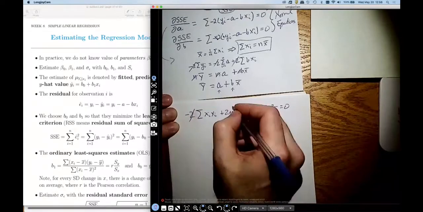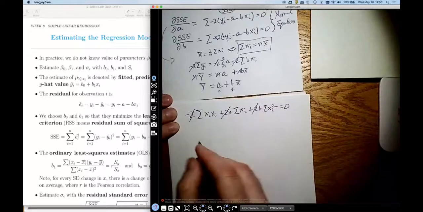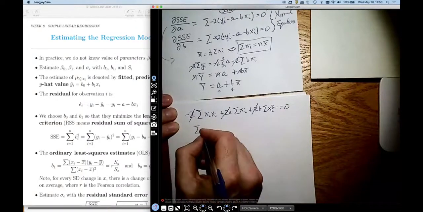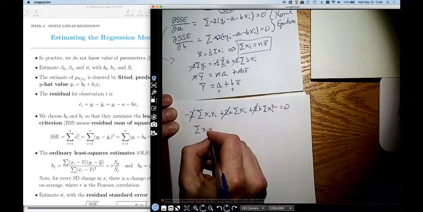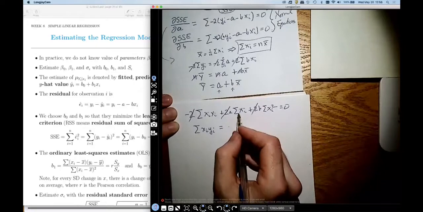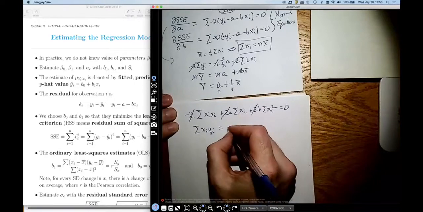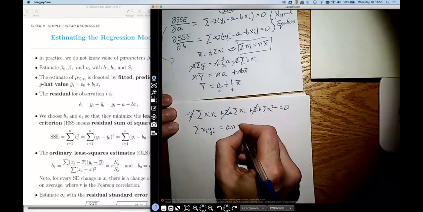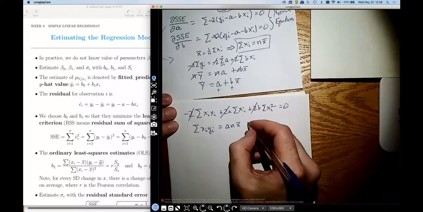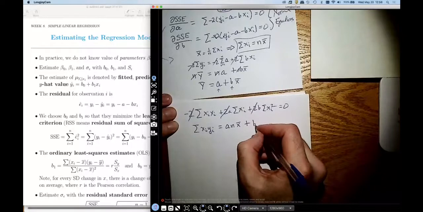So I can cross out my 2's, and then I can move this over to the other side. So we end up with this: the sum of xi times yi is equal to, now remember what this is, a times n x bar. And then what I have here, I can't do anything with right now.